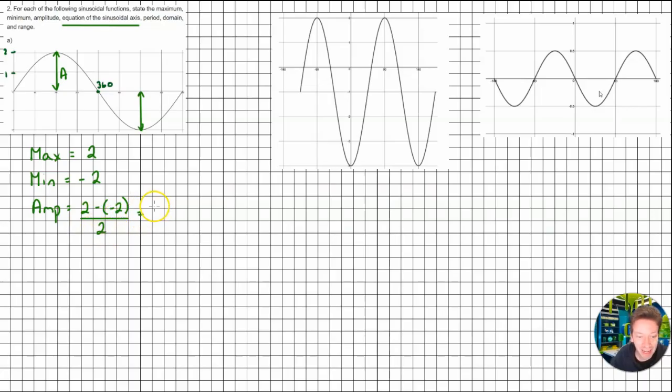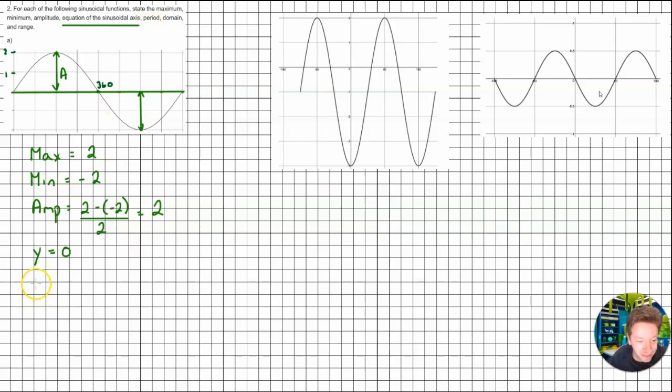So that gives us an amplitude of 2. All right, well, what's the equation of the sinusoidal axis? Well, remember I just talked about that middle point where we draw our amplitude to? That is the sinusoidal axis. So in this case, that is y equals 0. And that's going to be important as well in the next episode when we do vertical shifts.